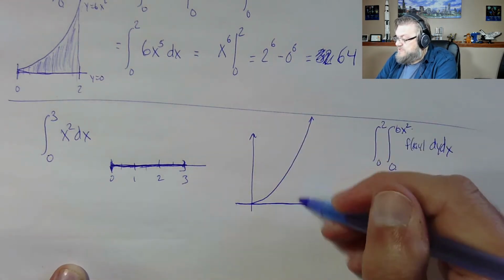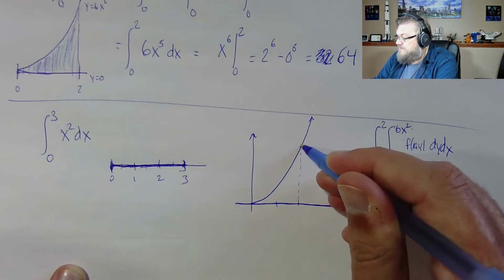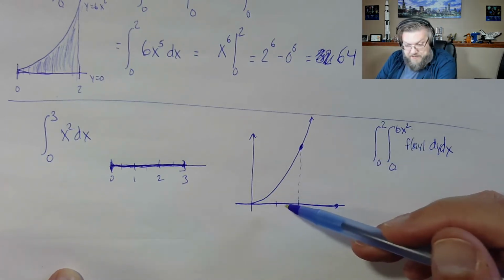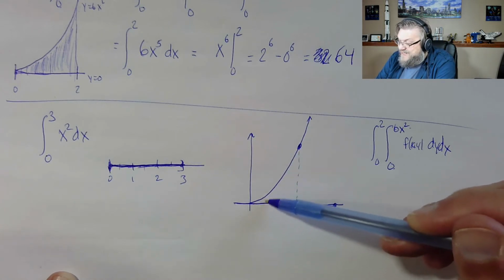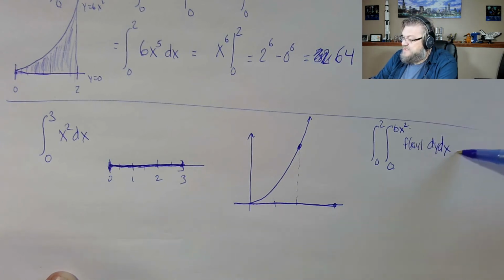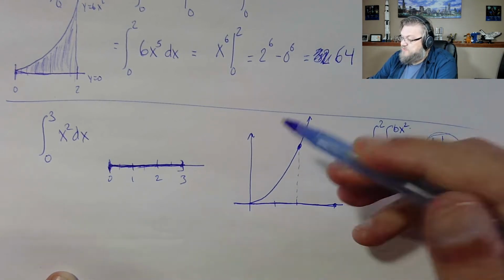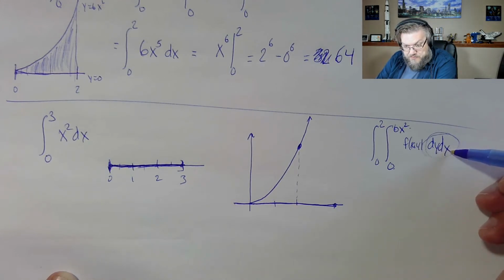And so 0 to 2 would be maybe like, here's 1, there's 2, like that. And I literally am thinking about, how do I traverse every point in this two-dimensional space? And you see this dy dx suggests that I'm doing vertical lines at all x values.